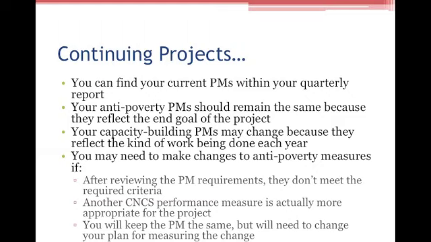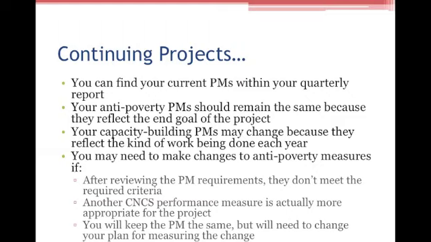So for those who are continuing, please look at your quarterly report, review your performance measures, and make some of these assessments below. You might need to make changes to anti-poverty measures if, after reviewing them, you find that you don't meet the required criteria, because for each performance measure there's an advised way to collect that data.